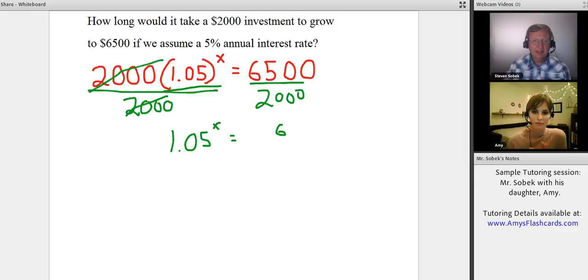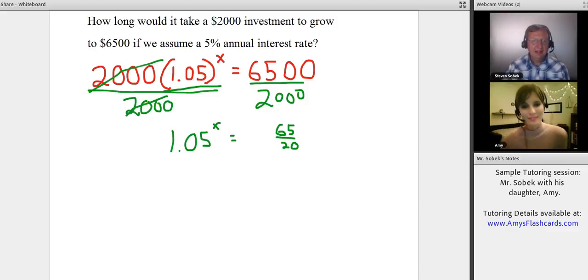Or I could do 65 over 20. Yeah, I could reduce it to 65 over 20. It reduces more than that, but there's no need to. We're going to be using a calculator to evaluate the logarithms, and so why introduce another chance of error? We'll just leave it like that.